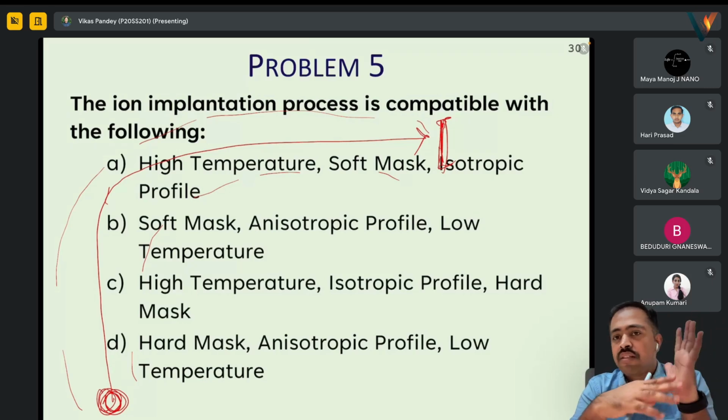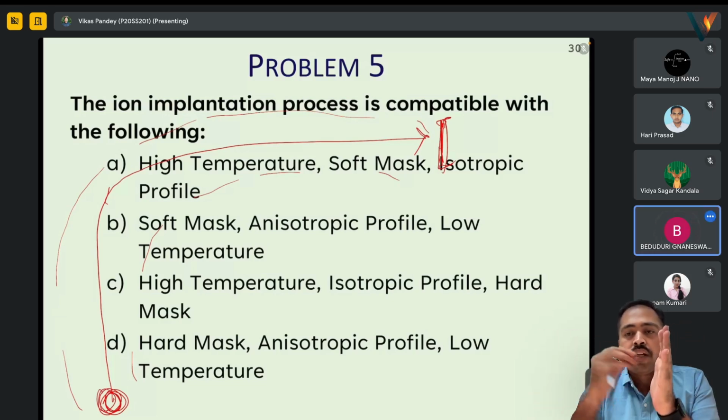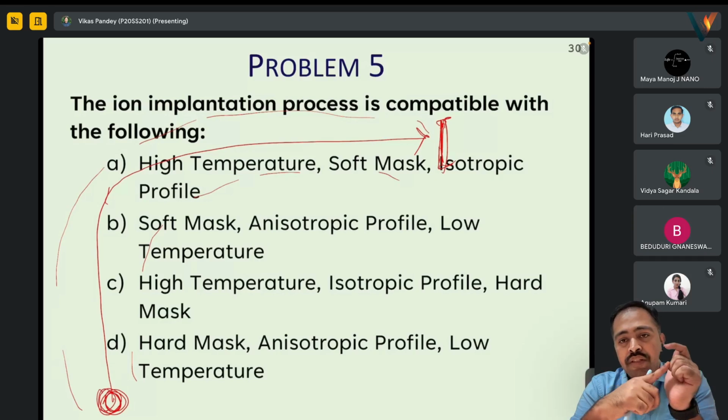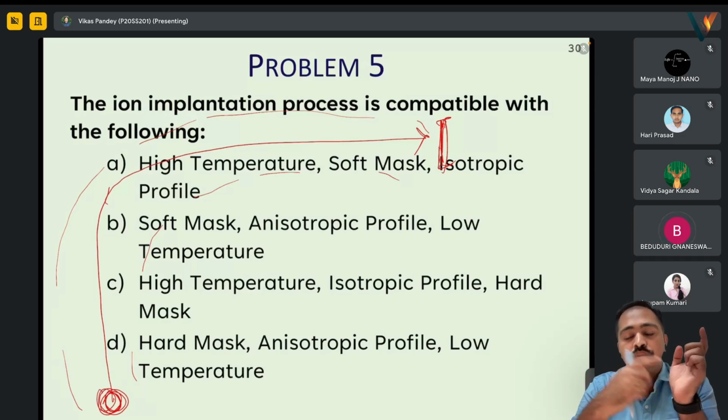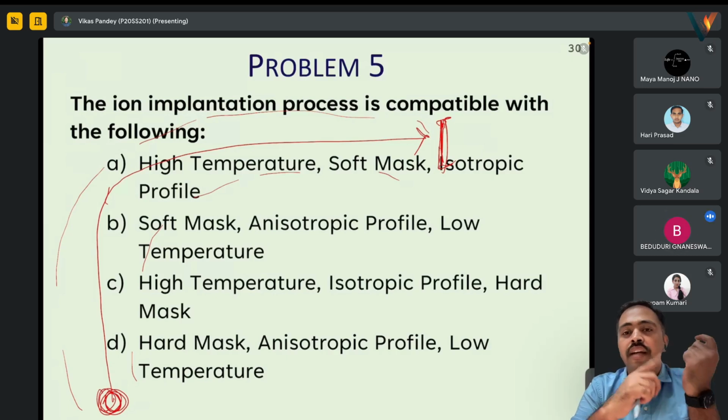We have a crystalline silicon, right? So that is coming, and that will create some disturbance. But at higher temperature, you might be aware that atoms have the property that they tend to align to their lattice position at higher temperature.